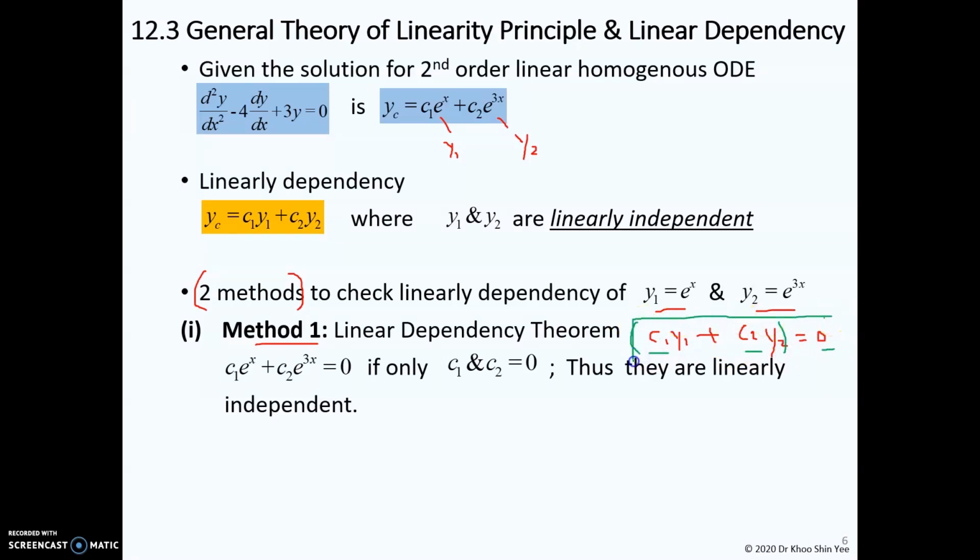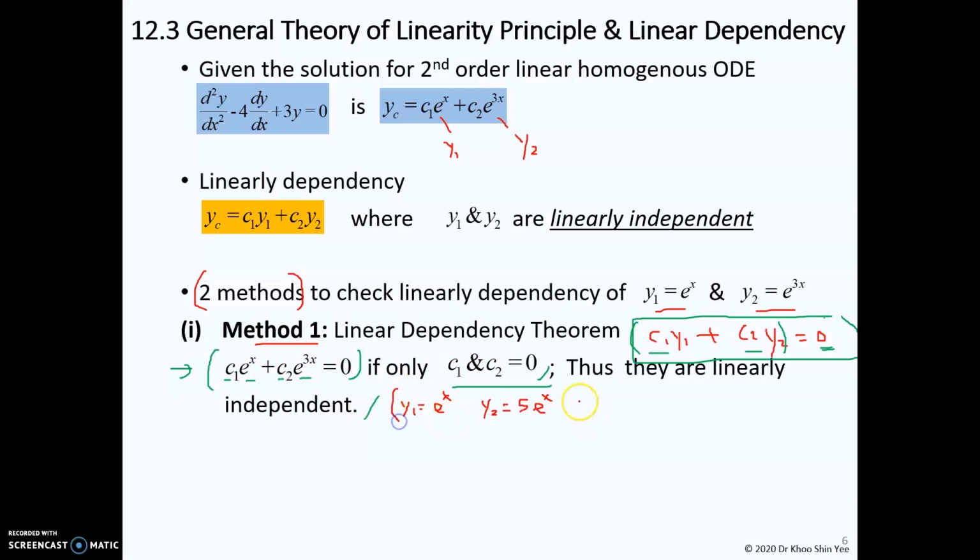If this equation is equal to 0 only when c1 and c2 are equal to 0, then we say y1 and y2 are linearly independent. So in this case, you substitute the y1 and y2 inside. To make this equation equal to 0, there is only one way to do this, which is to let c1 and c2 equal to 0. Therefore, this condition is met and we can say that y1 and y2 here are linearly independent.